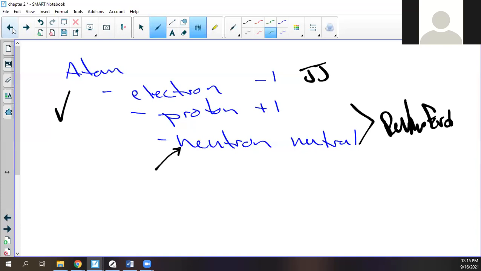And also, there was no reason or logic back then as to why the nucleus itself should stay together. The nucleus really should blow apart because everything's the same charge. So you have all these pluses in an extremely close proximity to each other. That should not exist. They should fly away.